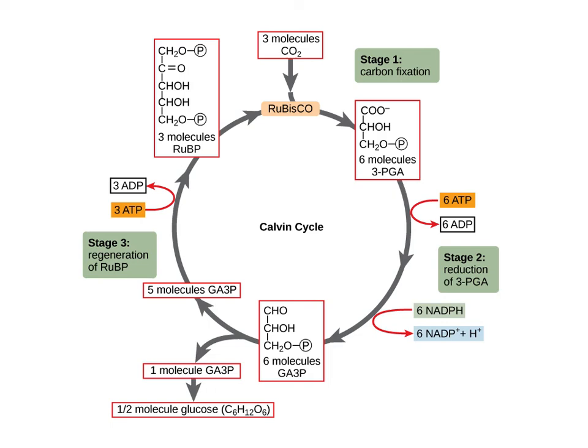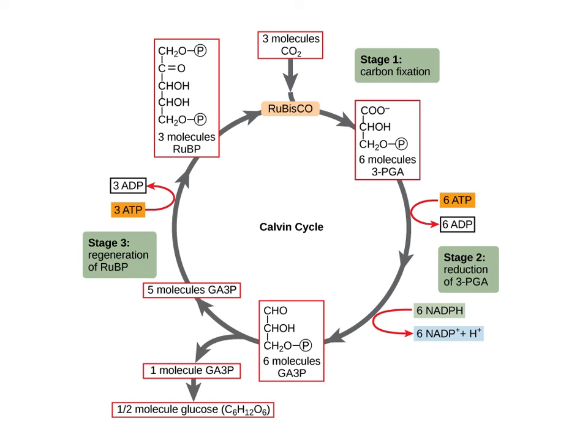To produce 1 molecule of glyceraldehyde 3-phosphate requires the incorporation of 3 carbon dioxides, and that requires the input of 9 ATPs altogether, and 6 NADPHs. So keep that in mind. 1 molecule of glyceraldehyde 3-phosphate requires 9 ATPs and 6 NADPHs, and of course the incorporation of 3 molecules of carbon dioxide.